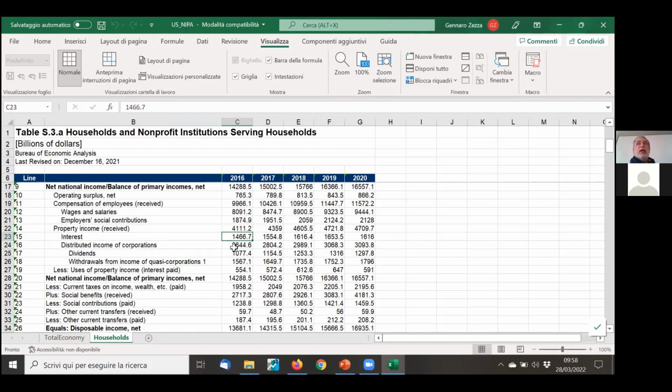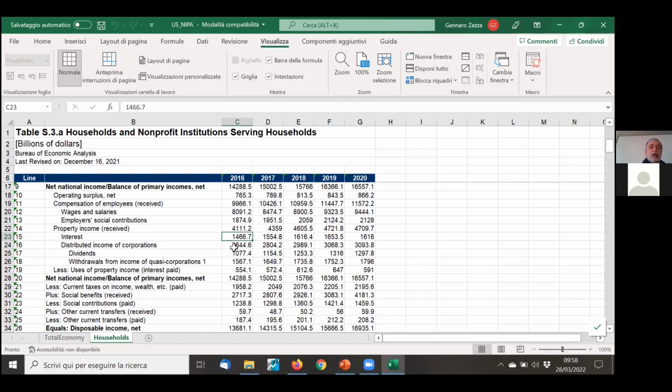So this can be interest on government bonds, interest on bank deposits, or interest on foreign assets. There is no payer-payee matching, and therefore what we know from the data usually is only the total amount that the sector has received and the total amount that the sector has paid, but there is no matching between who paid and who received. So we will have to do that later.